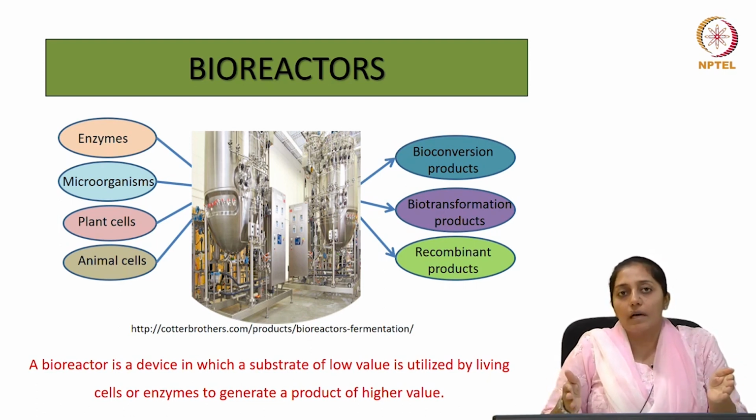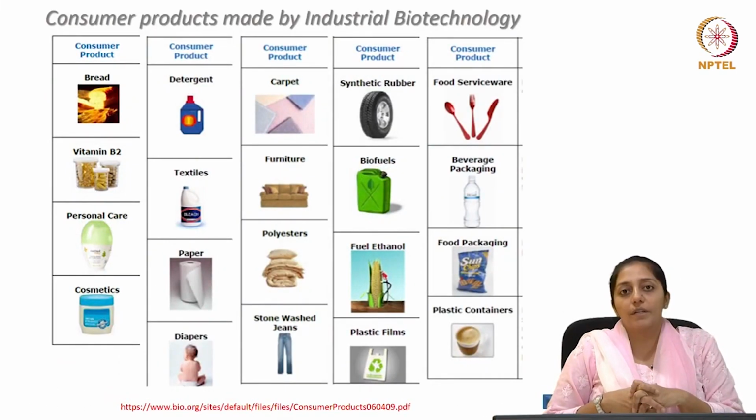So now I hope you are able to see the wide array of products which these bioreactors can produce. Let's see the products in our day-to-day life which we use.